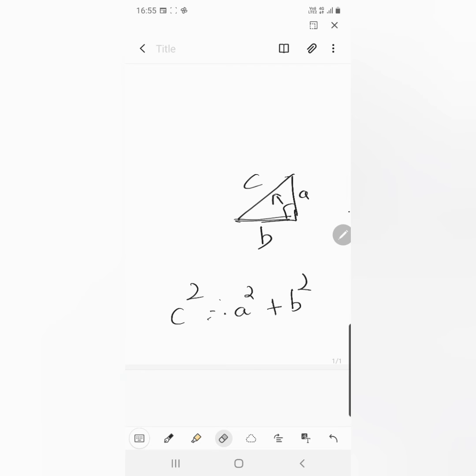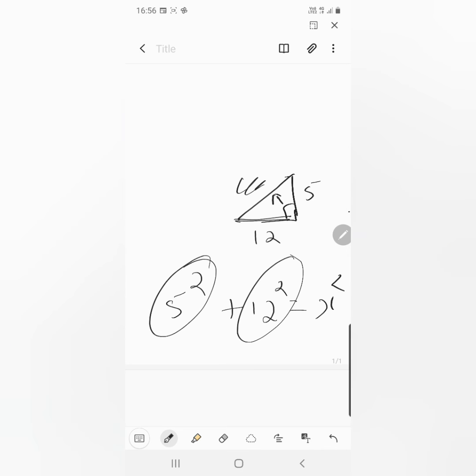theorems, the Pythagoras theorem, for example, if this is say 5 and this is 12, you could find this side here by doing 5 square plus 12 square is equal to, say, x square, an unknown square, and you would add these 25 and 144s.